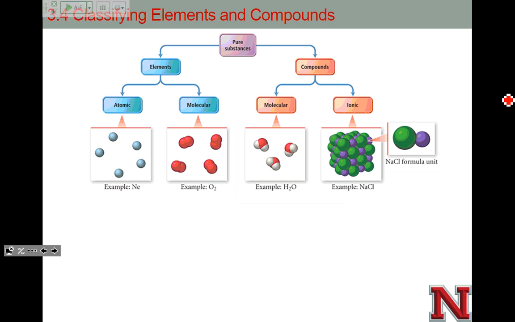So this is just a little example of what I just talked about. Our elements can be broken into atomic and molecular, whereas our compounds are typically talked about as molecular compounds, which are nonmetals, and ionic. Now notice, if you look back at your examples of your molecular elements, it happens between elements that are nonmetals. So there's still covalent type bonding.